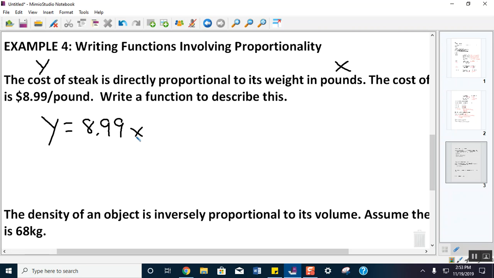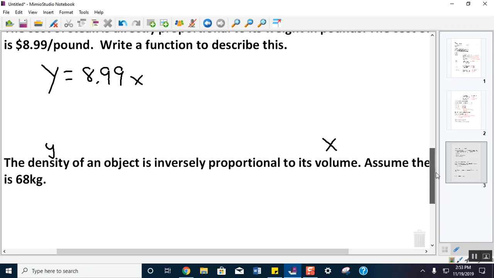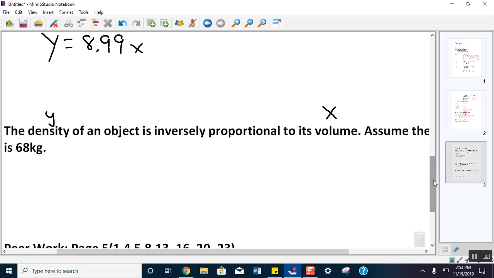Right? It says the density of an object, so I'm going to let my density be y. The density of an object is, are we directly proportional or inversely proportional here? In this next one. What's it say? Inversely proportional to its volume, I'll call x. It says assume the mass or the constant k is how many kilograms, kids? Well, it'd be 68 kilograms. This is like our constant that they're giving you, okay?